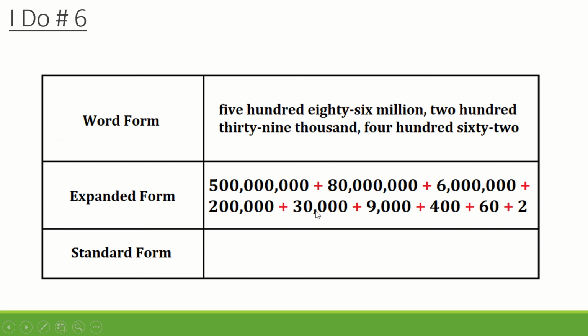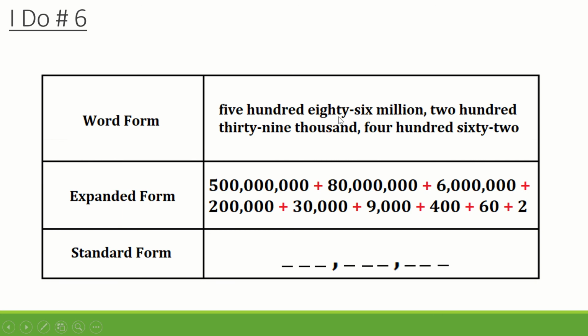And finally, we have our last I do, which again, we have a number given to us in both its word and expanded form, and we need to convert it into its standard form. So I'm going to start out with 9 blanks separated by 2 commas, breaking those periods apart. And I want to start out with my first digit of value, which is a 5. And I can note that that 5 is found in the millions period.